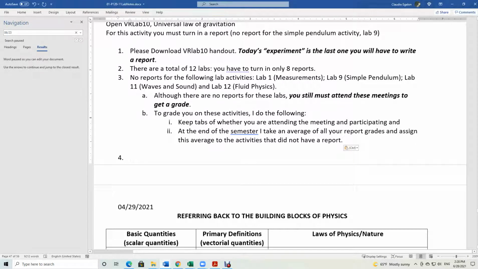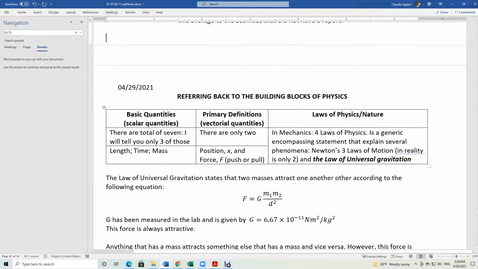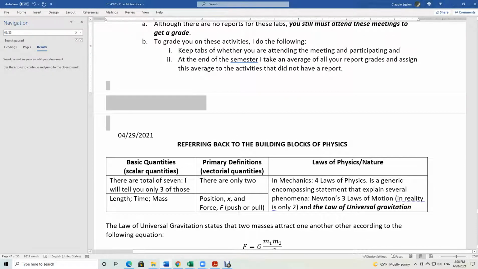You must attend these meetings to get a grade. I keep tabs on whether you're attending and participating, and at the end of the semester, I take the average of all your report grades and assign this average to the activities that you did not have a report for.